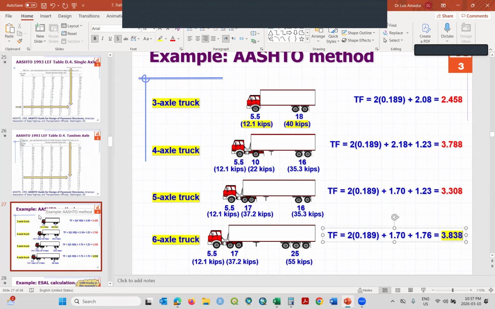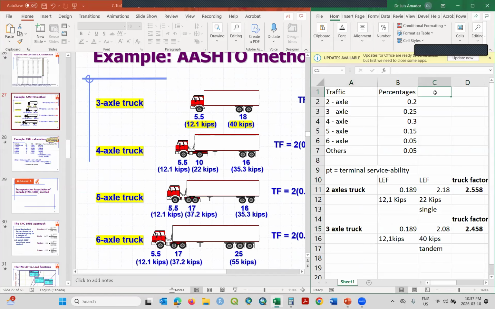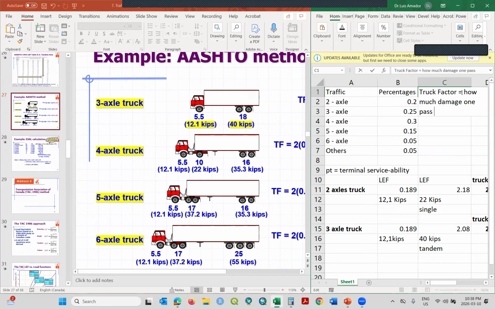So these truck factors, we are going to take them and put them here, because they are basically telling us how much damage one pass of the truck produces on the pavement.